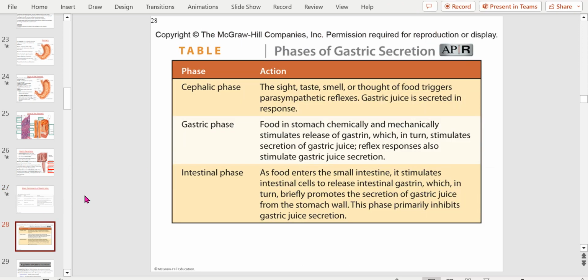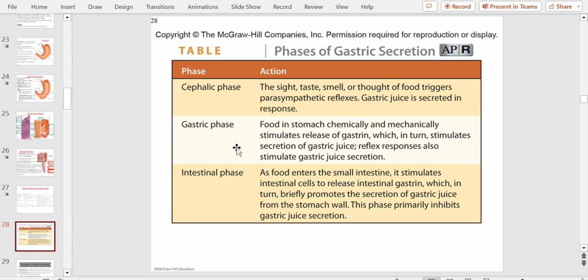There are three phases of gastric secretion, and it's like when you walk by a Kentucky Fried Chicken and you smell that glorious grease. It does smell good though. It gets your mouth watering, gets you thinking about food. That's the whole point. We call this the cephalic phase of digestion.